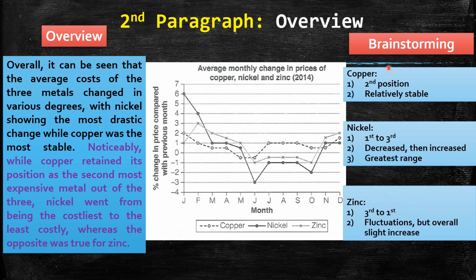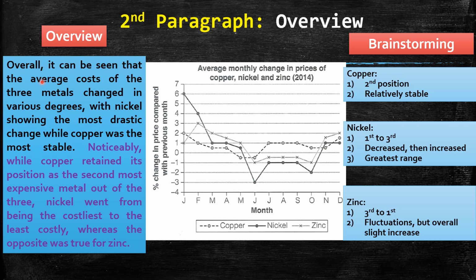So there are a number of ways you can write the overview. Maybe you can write one sentence for copper, one sentence for nickel, one sentence for zinc, right? So in that case, I did not write about all 3 of them separately but together. See what I wrote? Overall, this is a good linking device to start your overview paragraph.